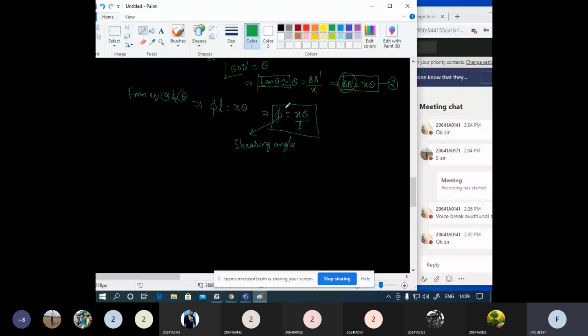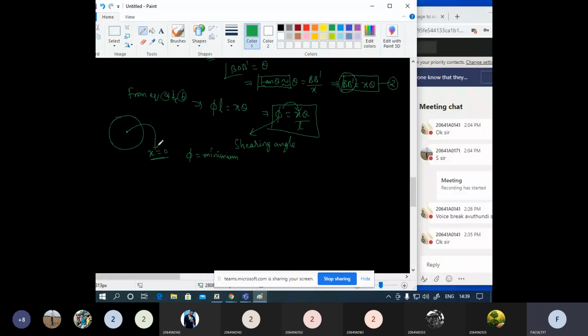Before going to this phi, let us take that phi is depending on x. If the x value is 0, the phi value will be minimum. What is the meaning of x value 0? It means you are at the center of the cylinder.